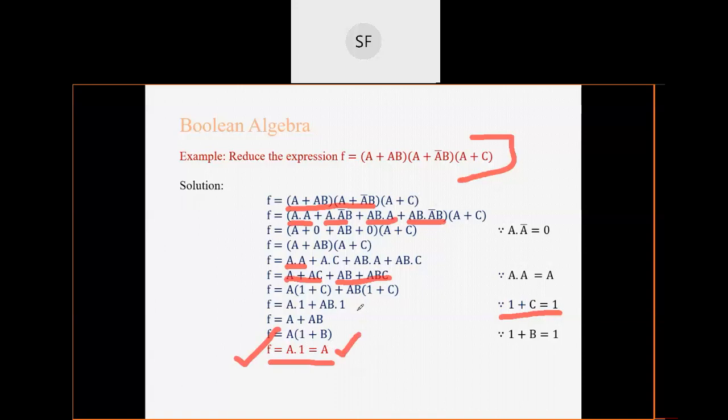So the main motivation, the motto, in the introduction of this slide is that you should realize that the simplification or minimization process is very important, very necessary in digital electronics. Okay, so this is the takeaway.